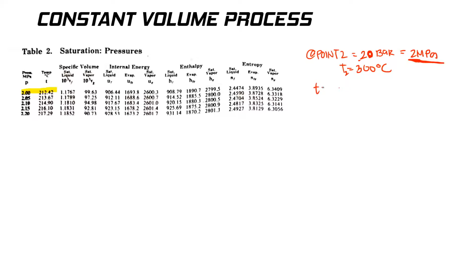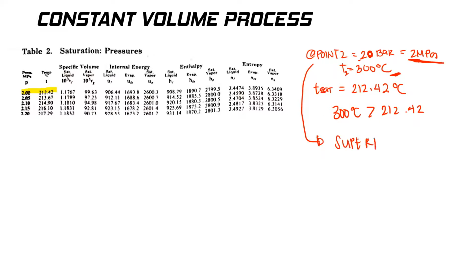Our Tsat is 212.42 degrees centigrade. Our given temperature is 300 degrees C, and 300 is greater than 212.42. Therefore, we conclude that our state 2 is superheated steam.